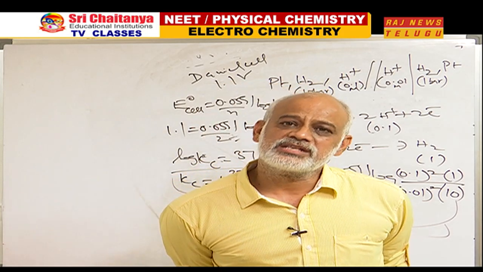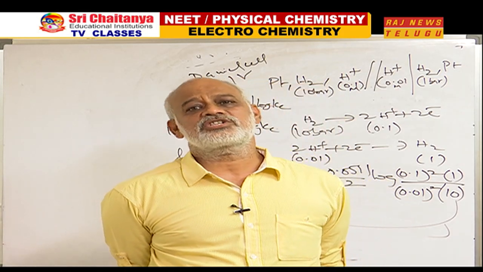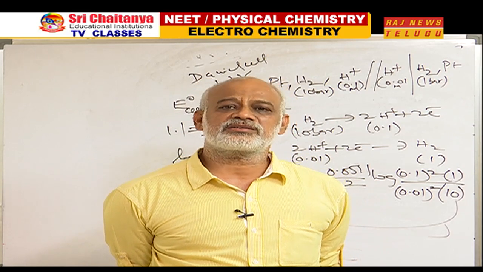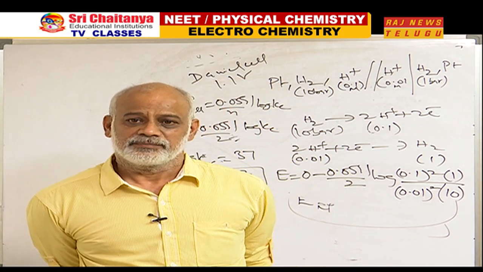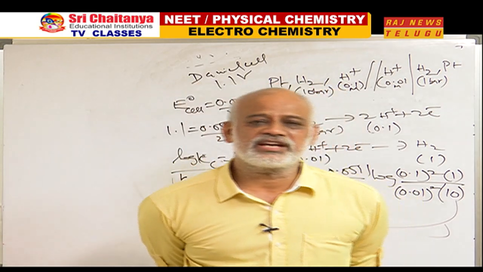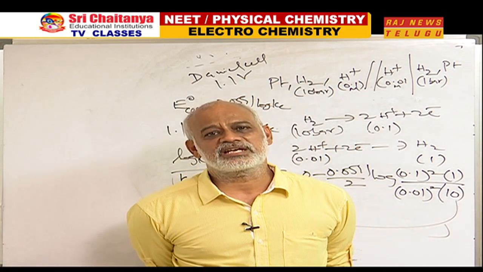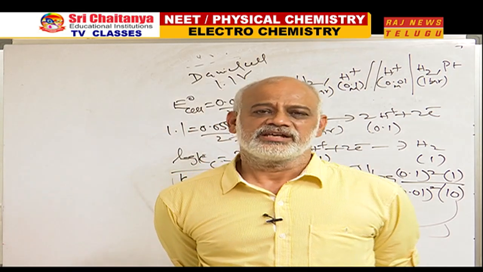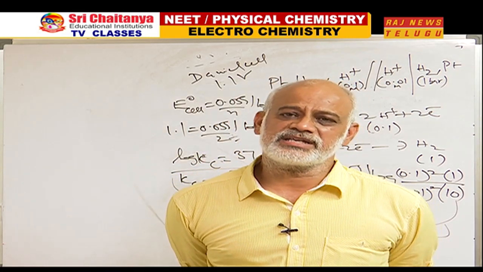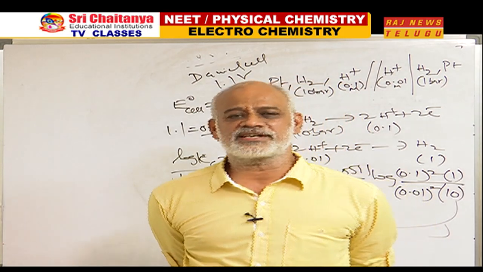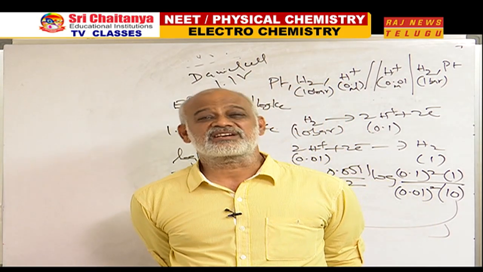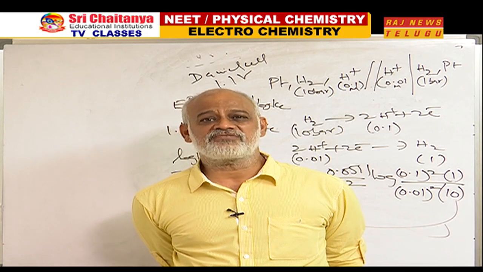Corrosion. What is corrosion? Corrosion is nothing but electrochemical oxidation of a metal. People know corrosion very well by the example of iron. Any iron piece kept in the atmosphere where moisture is present gets rusted, the rusting of iron.